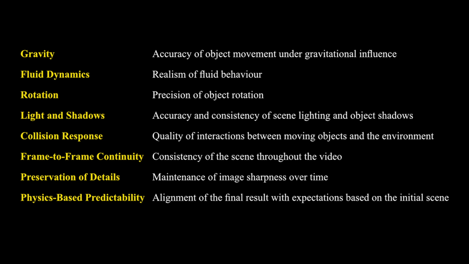The new ratings are as follows: gravity, accuracy of object movement under gravitational influence; fluid dynamics, realism of fluid behavior; rotation, precision of object rotation; light and shadows, accuracy and consistency of scene lighting and object shadows; collision response, quality of interactions between moving objects and the environment; frame-to-frame continuity, consistency of the scene throughout the video; preservation of details, maintenance of image sharpness over time; and physics-based predictability, alignment of the final result with expectations based on the initial scene.